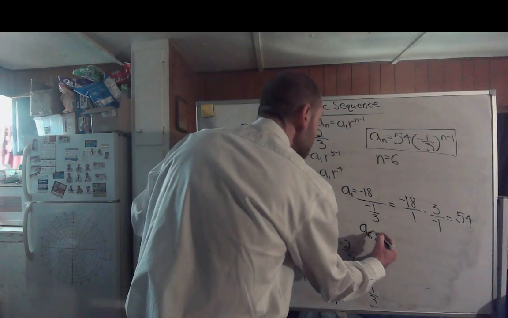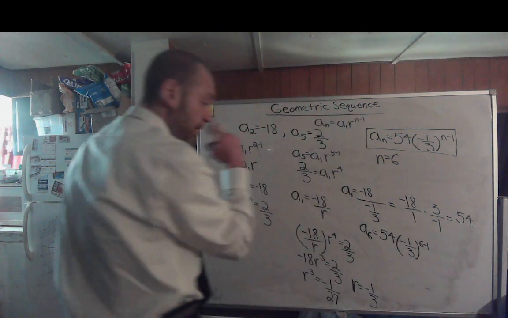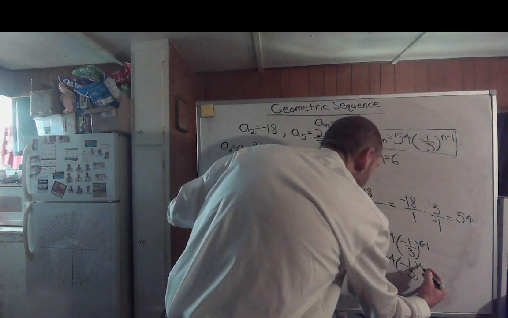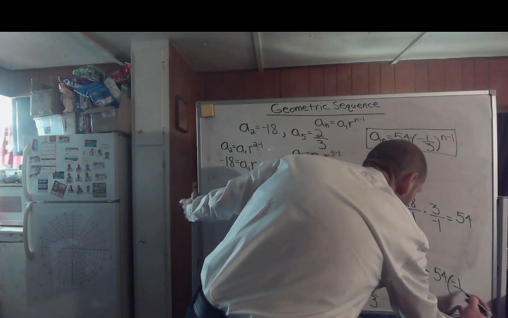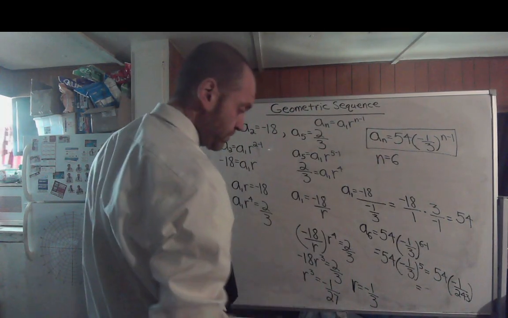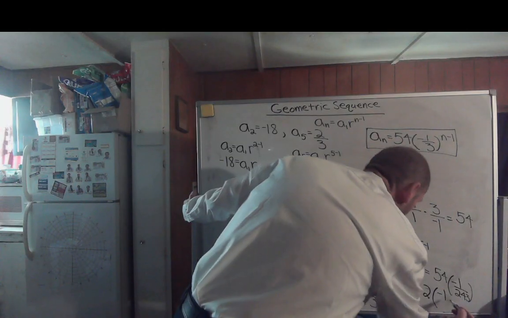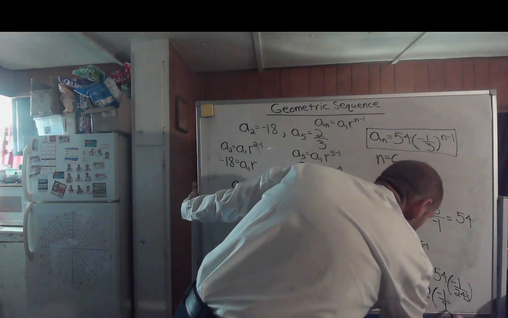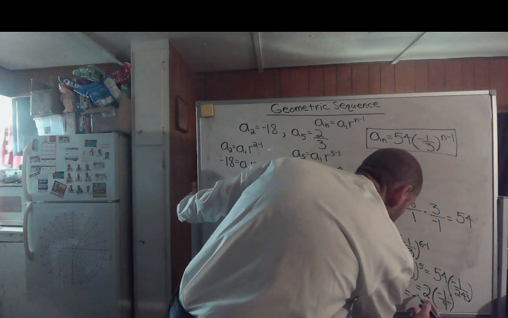So a sub 6 is going to equal 54 times negative 1/3 to the 6 minus 1 power, which is going to equal 54 times negative 1/3 to the 5th power, which is going to equal 54 times negative 1 over 243, which we can simplify into 2 times negative 1 over, let's see, negative 1 over 9, which should end up giving me negative 2/9.